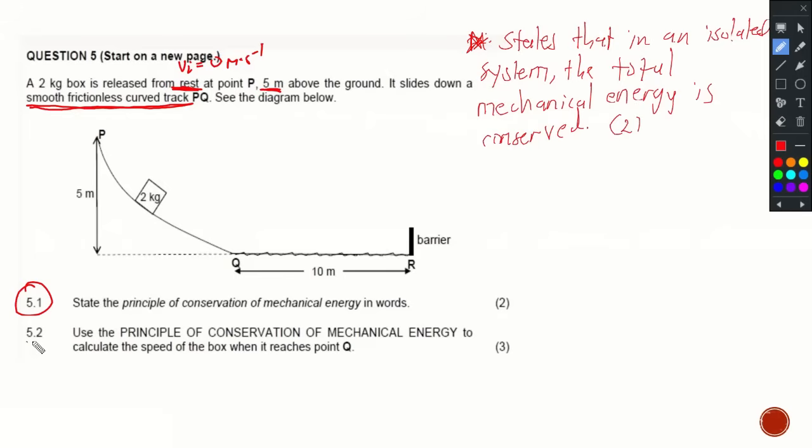Now 5.2 is saying use the principle of conservation of mechanical energy to calculate the speed of the box when it reaches point Q. This is where we're going to start.